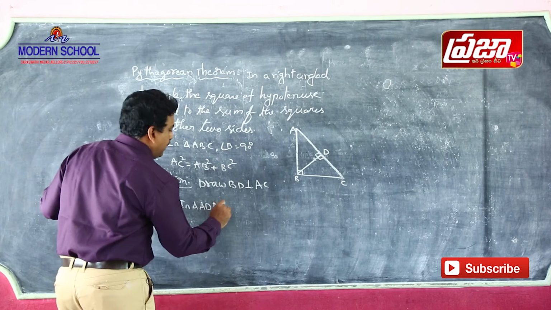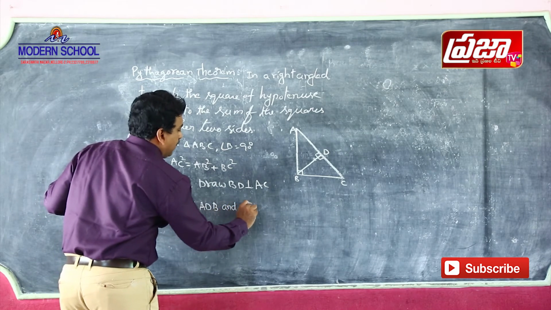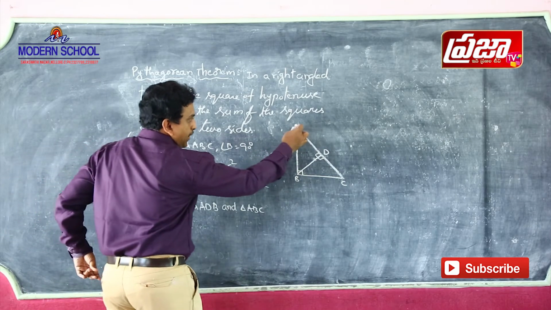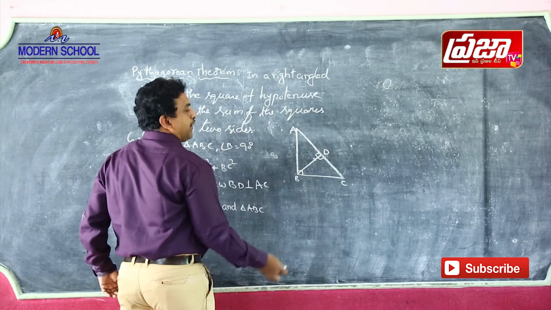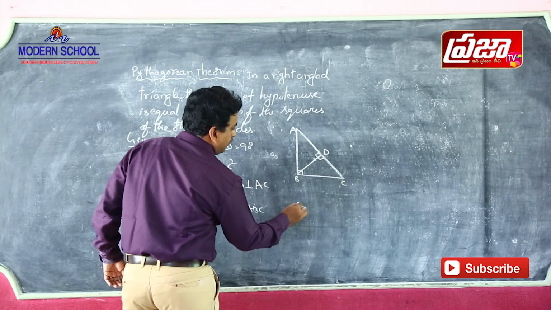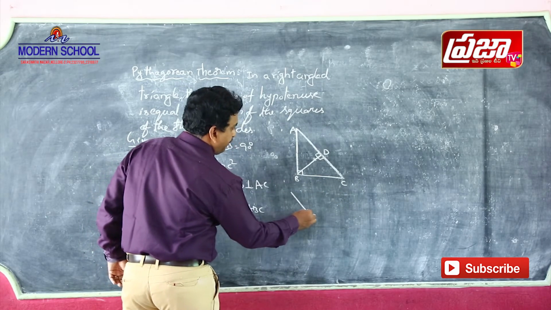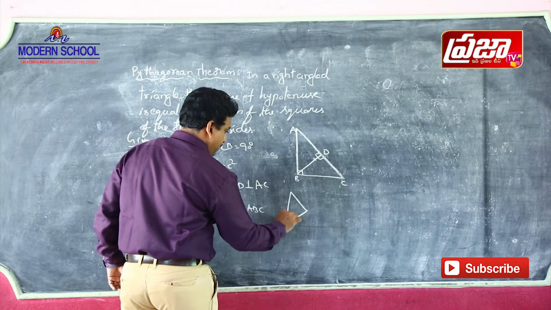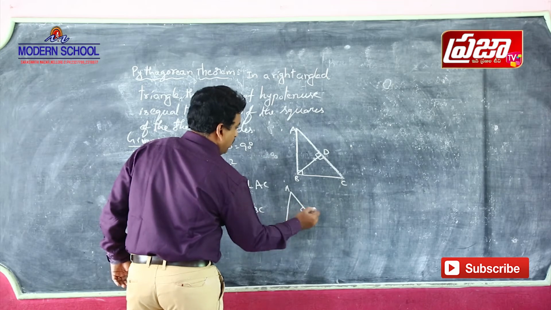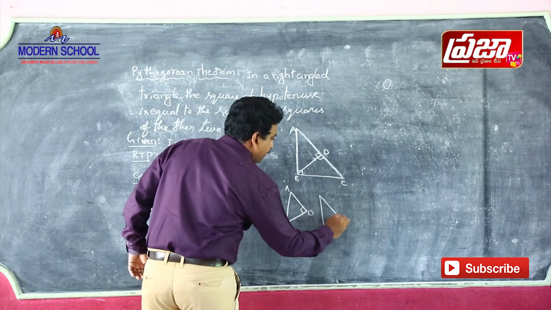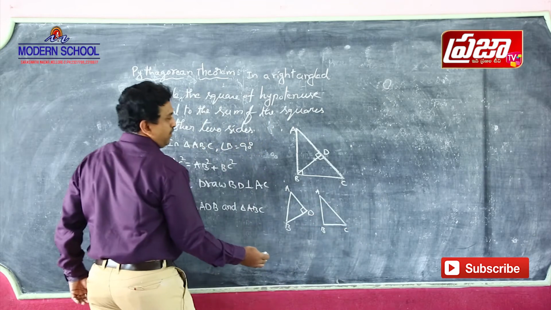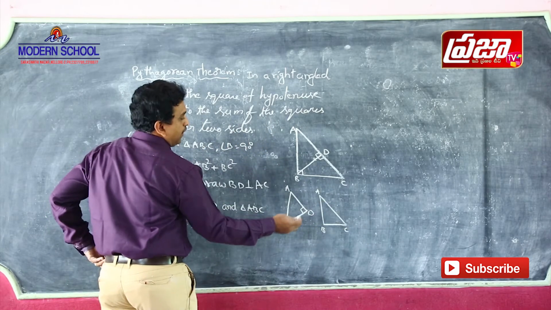In triangle ADB and triangle ABC, draw separate figures to understand well. If you get confusion here, you can see clearly here.